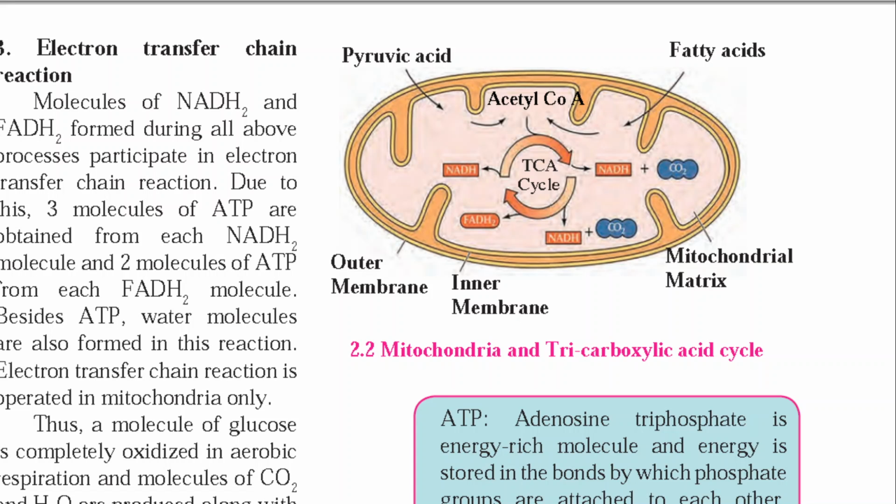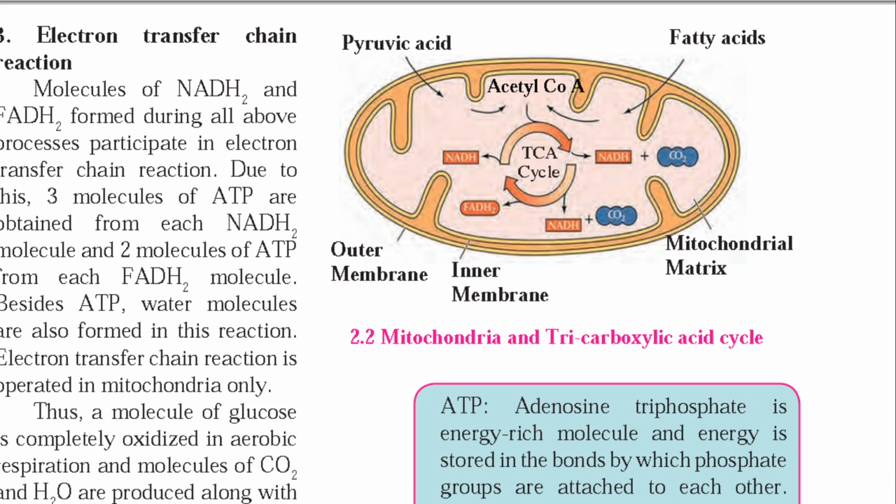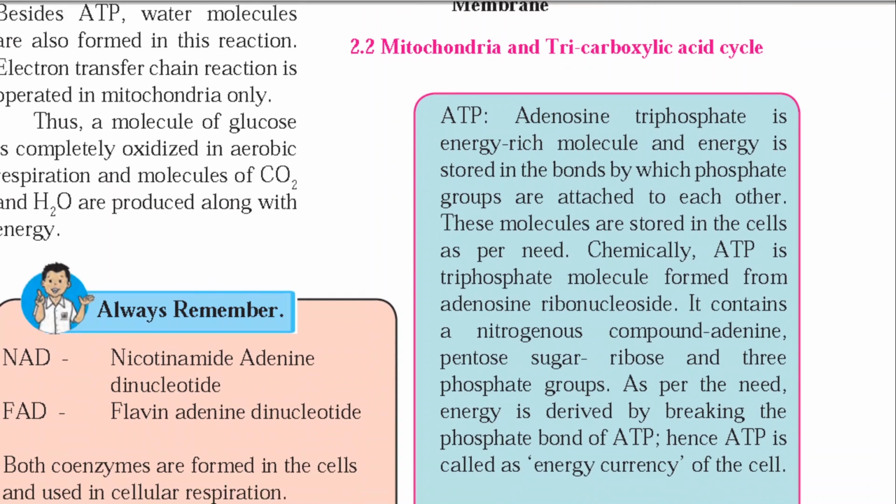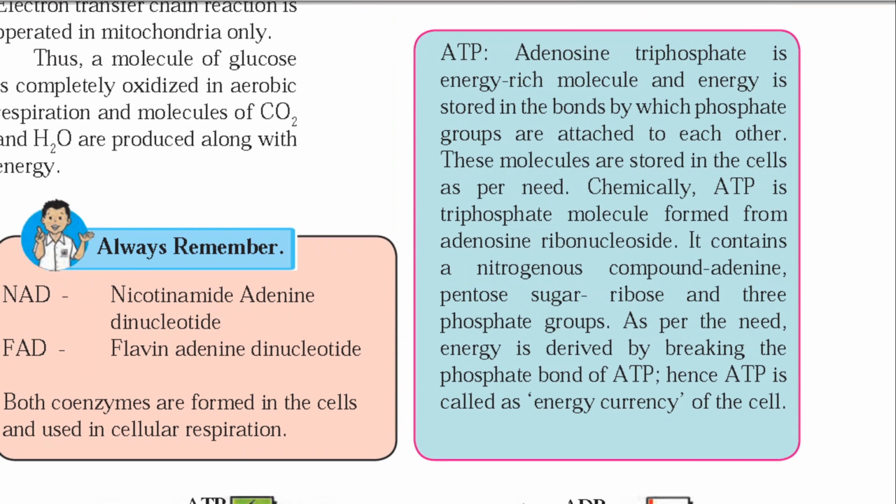There is an electron reaction, and during that there is a transfer of electrons and a chain reaction is carried out. One molecule of NADH2 produces 3 molecules of ATP, while one molecule of FADH2 produces 2 molecules of ATP. That means there is a production of energy, and the total glucose is oxidized. So this is called aerobic respiration.